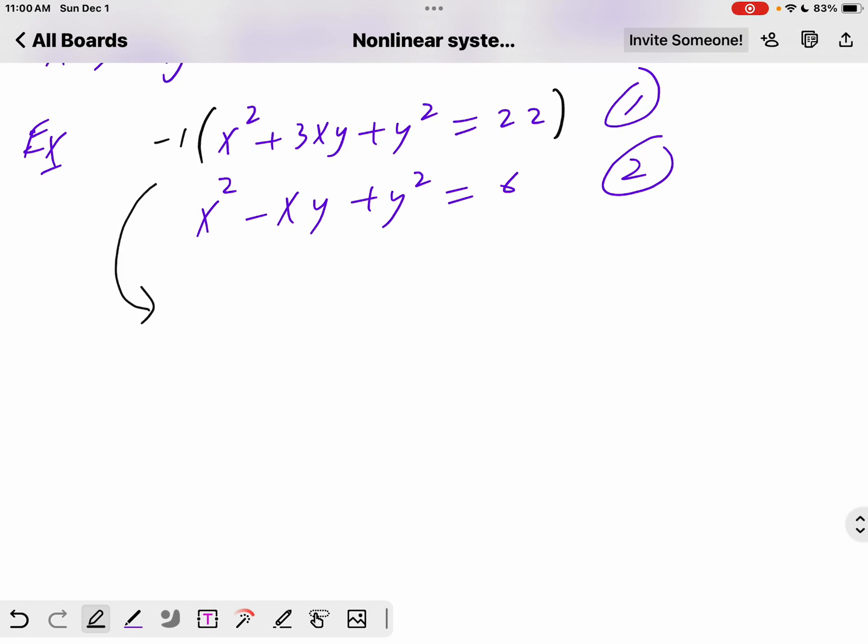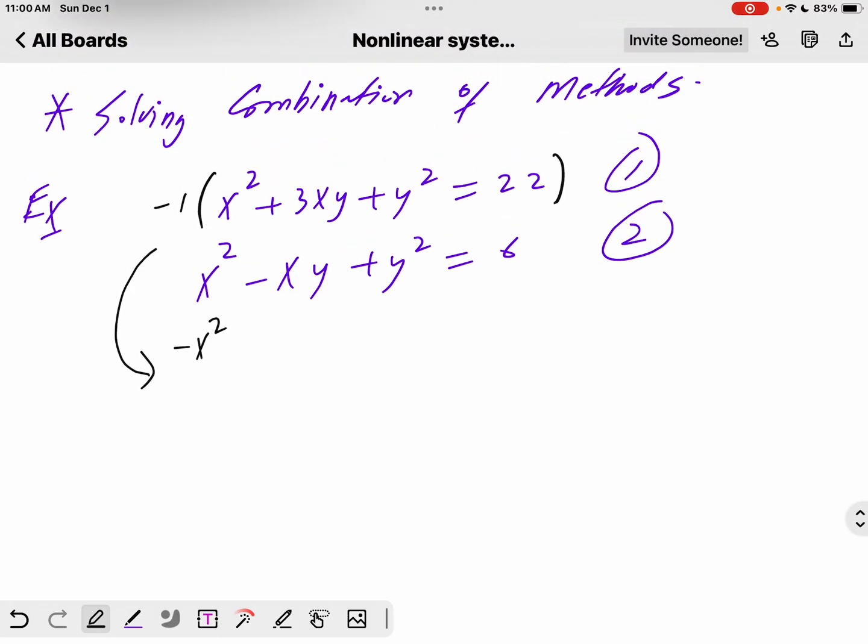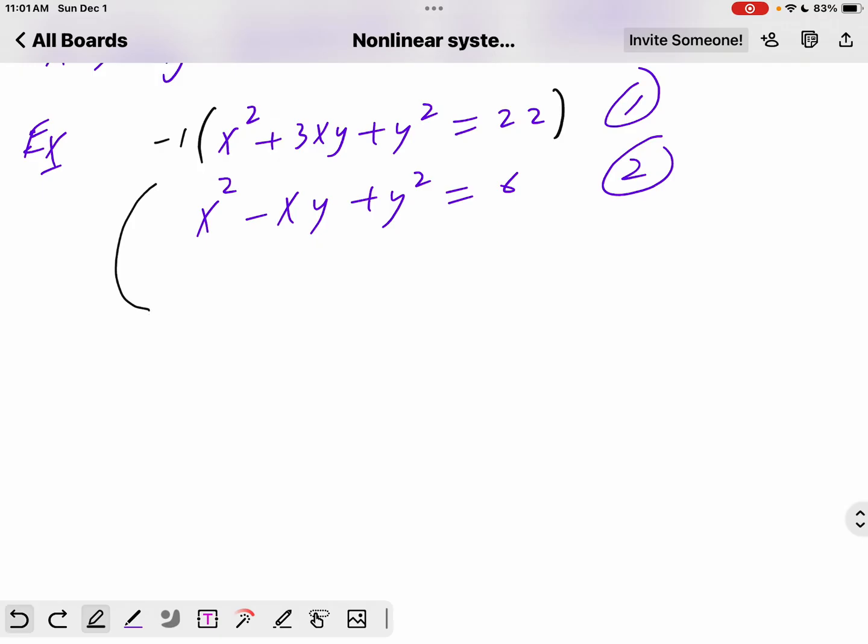It doesn't matter which one you use, the answer is going to be the same. Let's use the second one, to make it easier.